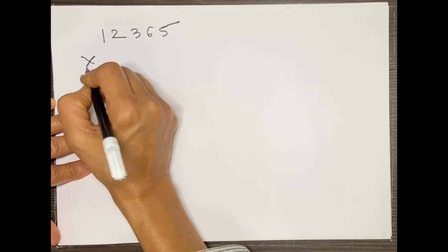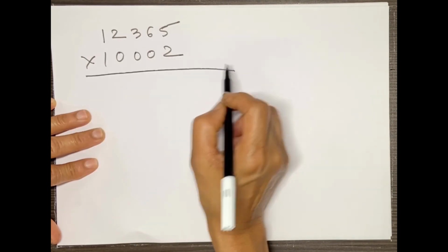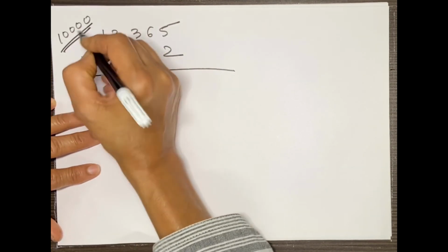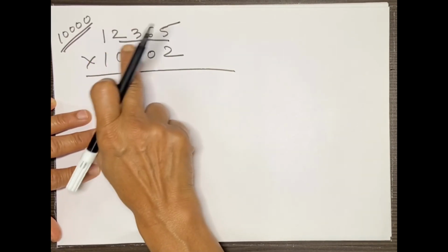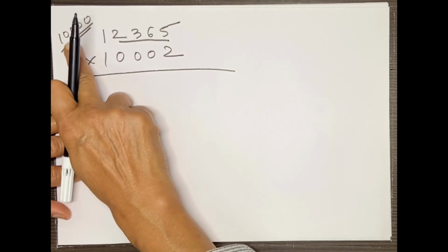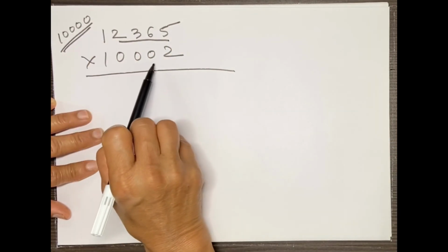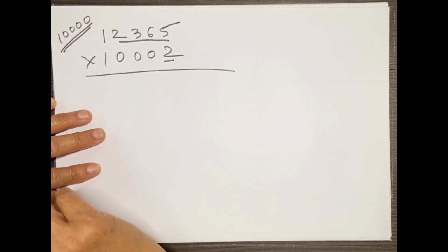Some greater examples. 12,365 into 10,002. Both the numbers are near to 10,000. The difference between 12,365 and 10,000 is 2,365, and the difference between 10,000 and 10,002 is 2.